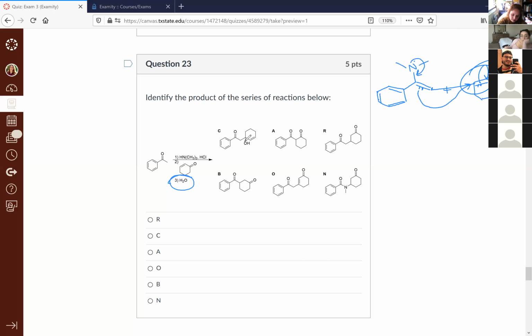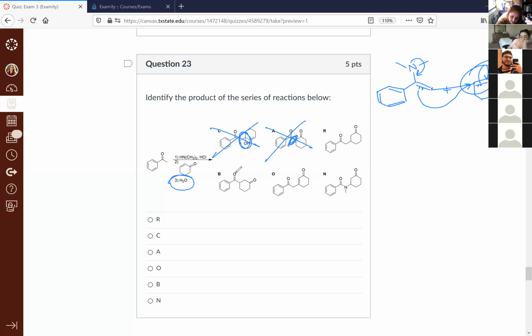Option C has an attack at the carbonyl carbon. Not going to work that way. Compound A has an attack at the alpha carbon, and it also dropped the methyl group that's actually on the starting material. So option A is not valid. Option R is actually the answer, so we'll come back to that.